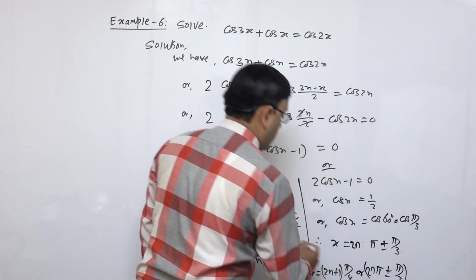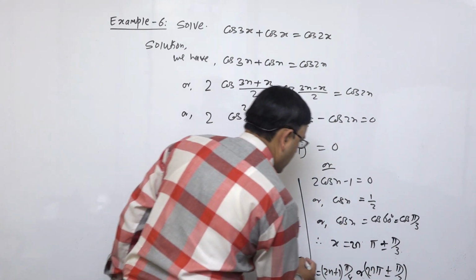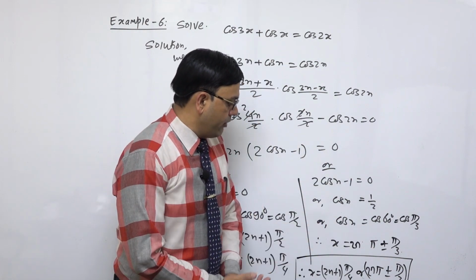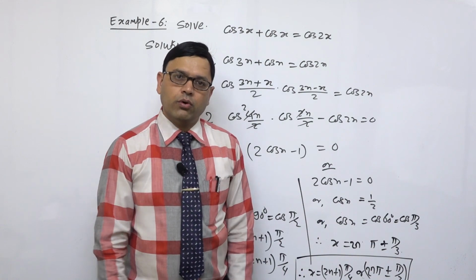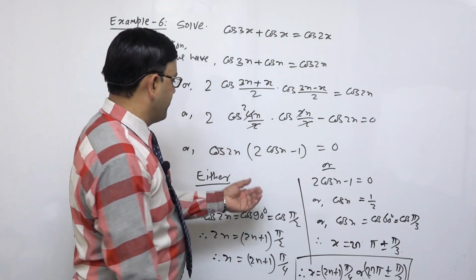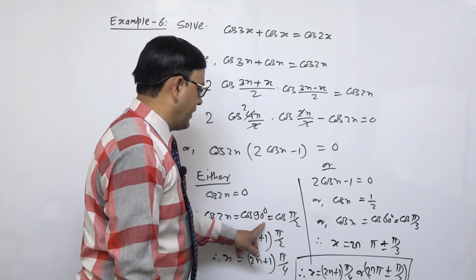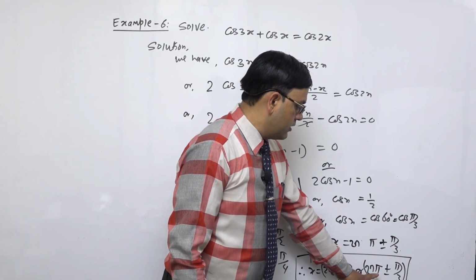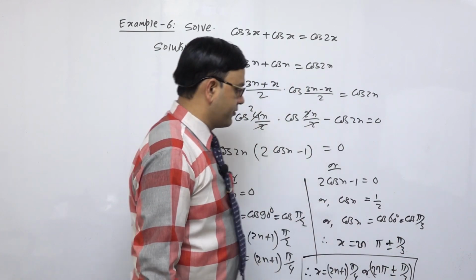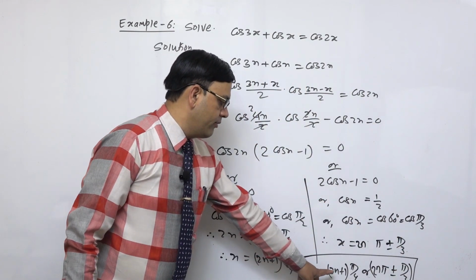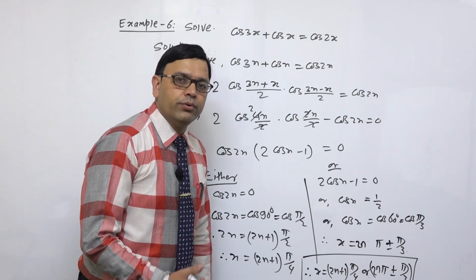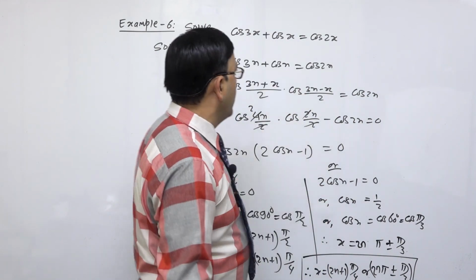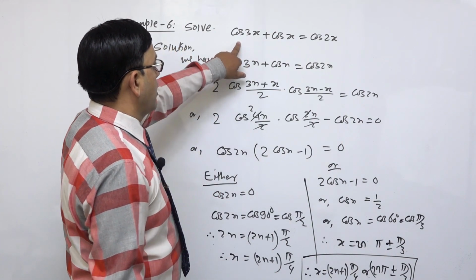This is the required answer of this question, or the value of x. If we put n is equal to 0, then it comes 90 degrees. And if we put n is equal to 0 here, then we get 60 degrees also. And when you put n is equal to 1, 2, 3, 4, then you will get other different values. And this is the solution of this question.